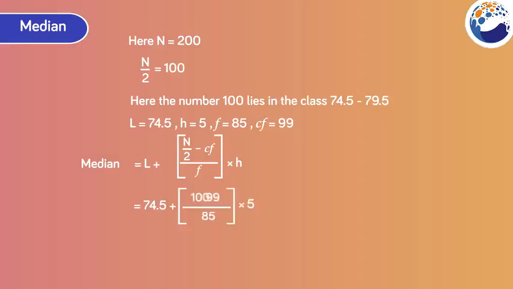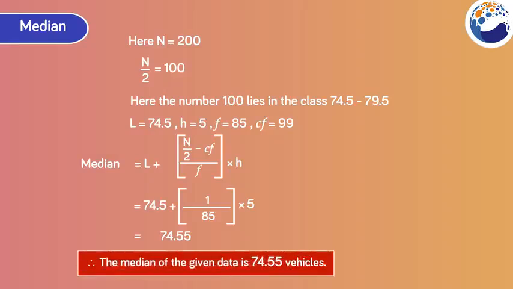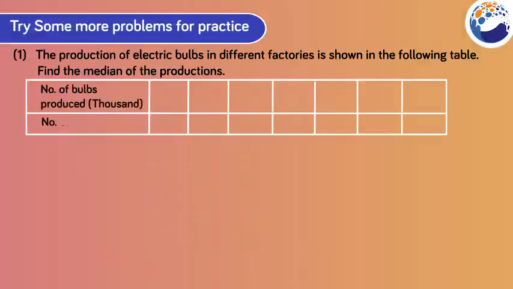Here 100 minus 99 becomes 1. Therefore 74.5 plus 0.0588, which becomes 74.55. Therefore, the median of the data is 74.55 vehicles. Try some more problems for practice.